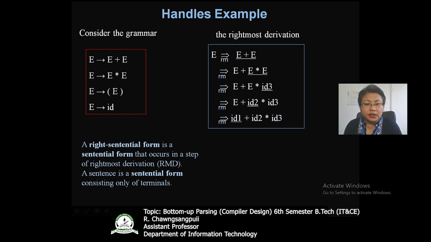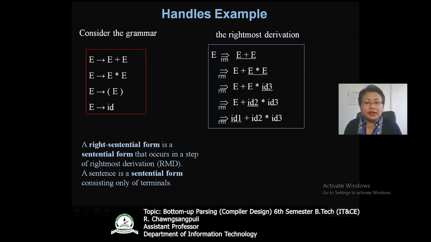And for the third one, E plus E, we are going to give here the substitution of E can have the form ID. E can have the form ID is the fourth production rule, so this ID becomes the handle here. And for the third derivation, E plus ID2 into ID3, so this E is substituted, we can replace with ID2 since we have E can have the form ID.